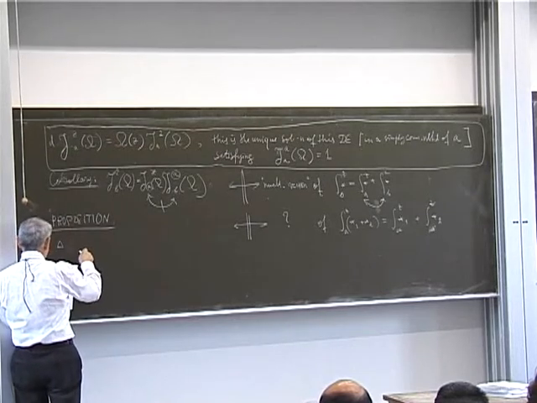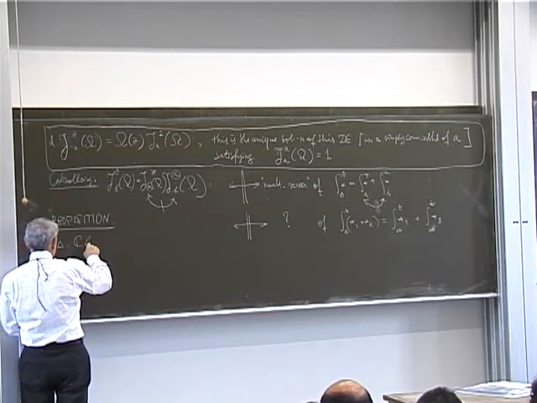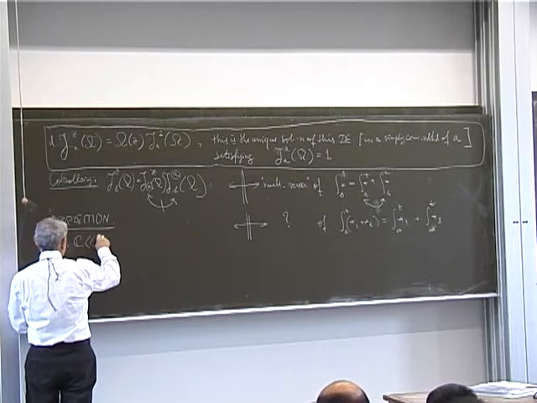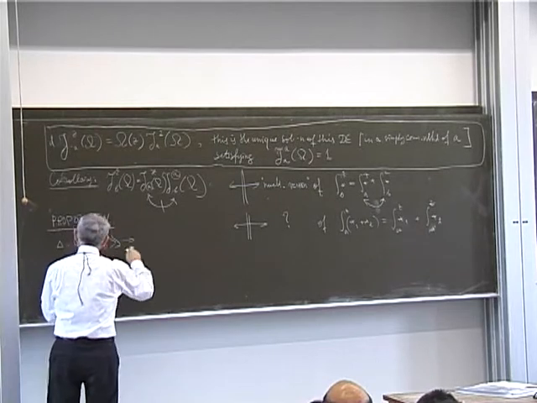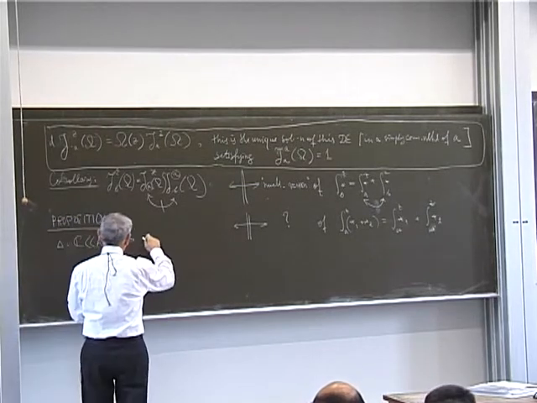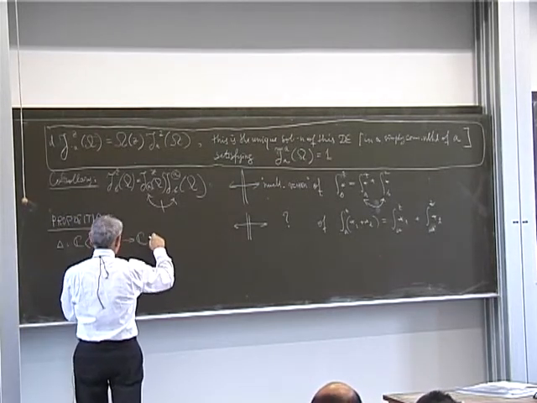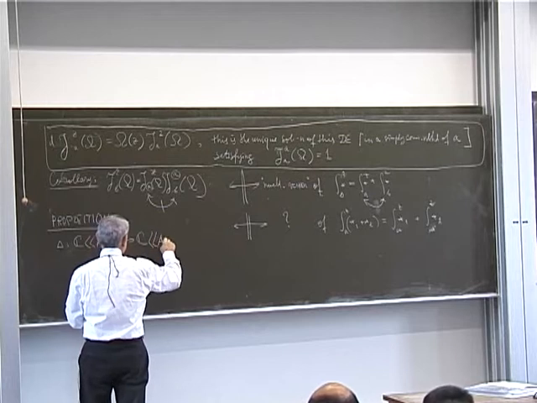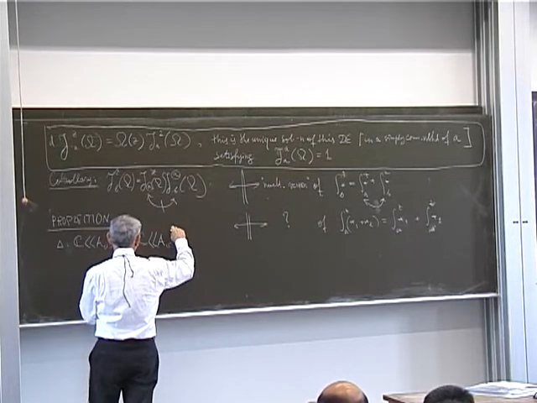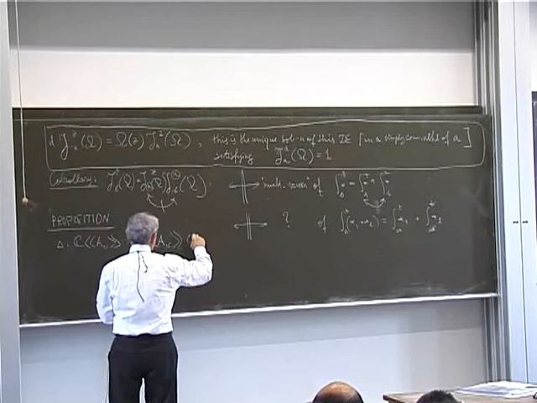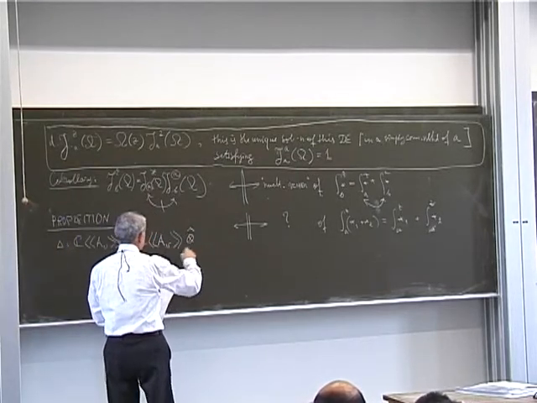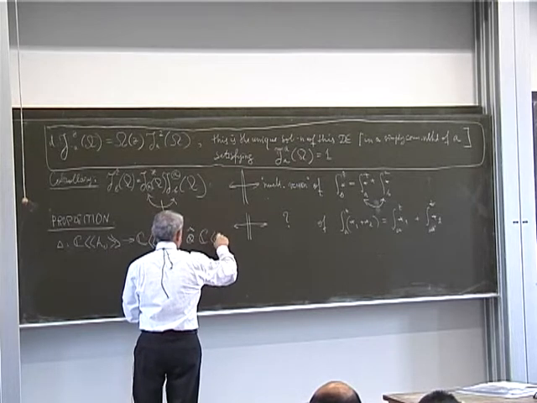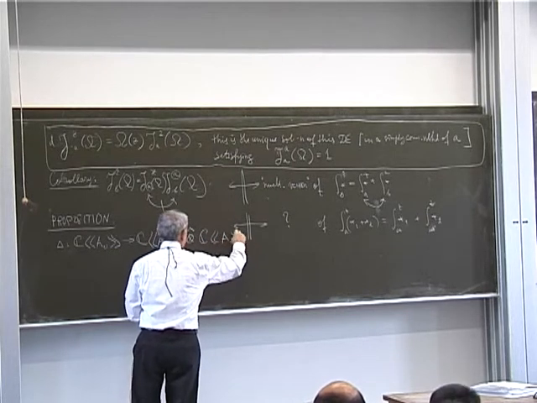We can consider a diagonal map defined, which maps this ring into the ring of formal series of the square, the completed tensor square of this ring with itself.